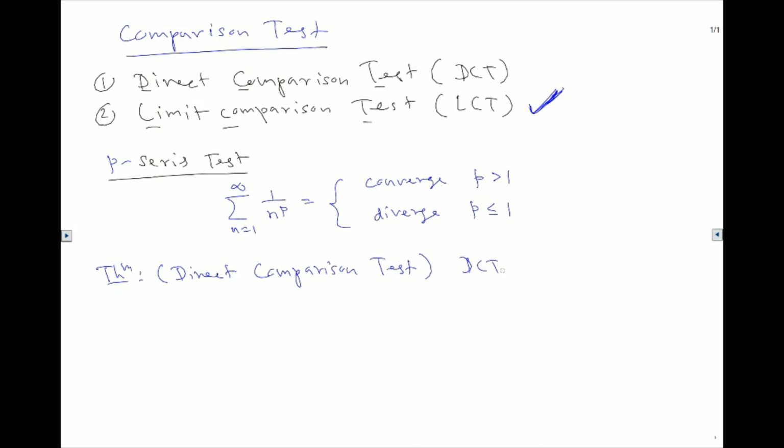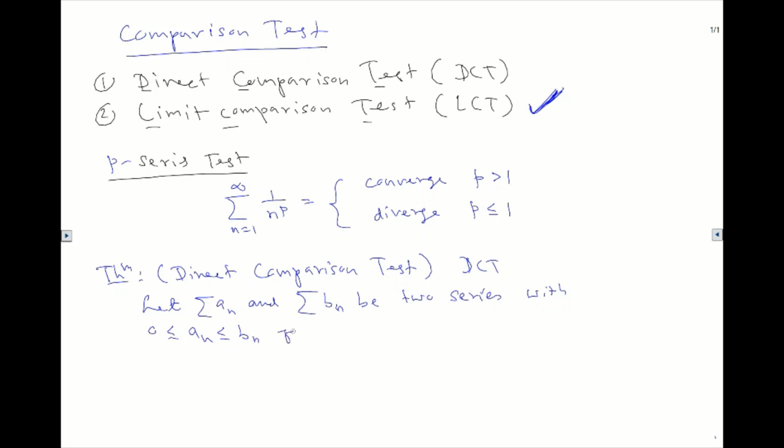So the result says, let sigma an and sigma bn be two series with terms which we assume are not negative, with all the terms either 0 or positive to avoid confusion.